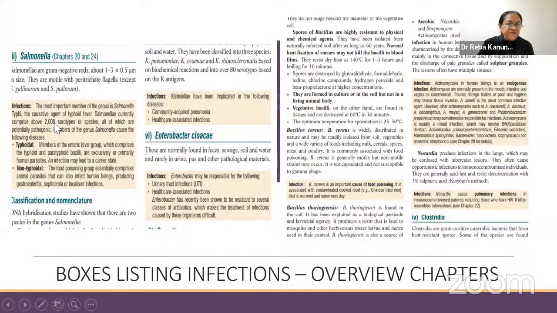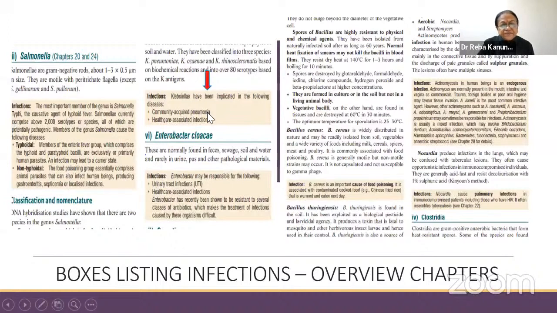In that, let's take the example of Salmonella. Here we mention Salmonella in the overview chapter, and it comes into Chapters 20 and 24, that is bloodstream infections and gastrointestinal infections. After describing the bacteria as such, there is a little box which tells you what infections these organisms can be associated with, like typhoidal and non-typhoidal.